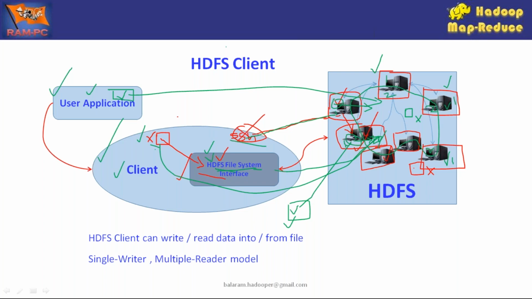Okay. So let's take an example of ICICI Bank. ICICI Bank has hundreds of branches, right? Daily they are getting crores of transactions. So are these transactions stored on their local computer or are they using a cloud environment? Cloud environment only, because they are centralized and global, right?